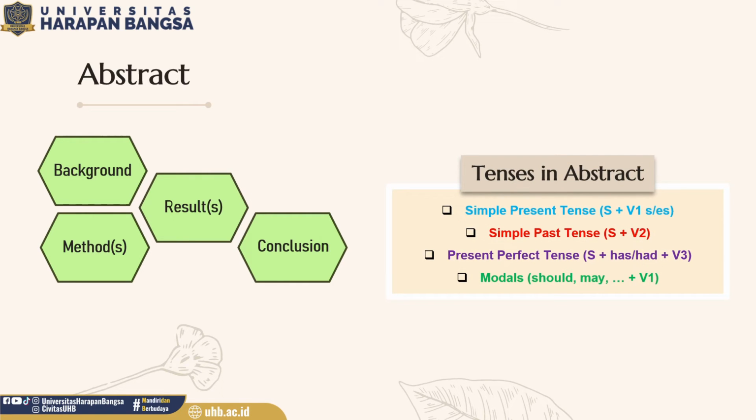Next, tenses in abstract. First, simple present tense. Simple present tense is used to talk about general facts or background information and conclusion. Then simple past tense is used to talk about purpose, methods, and actual results.